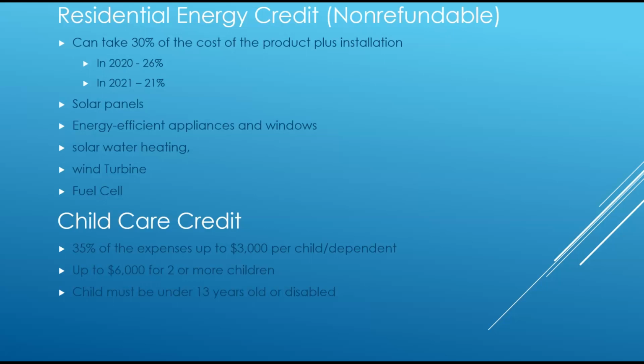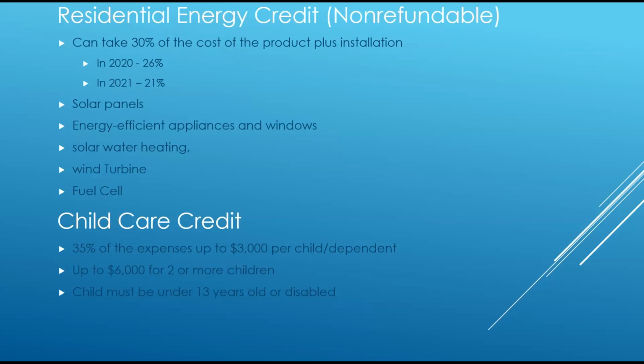So if you remember what I was saying about the non-refundable credit, it will only decrease your taxable liability. That credit you can now use for the purchase of panels.